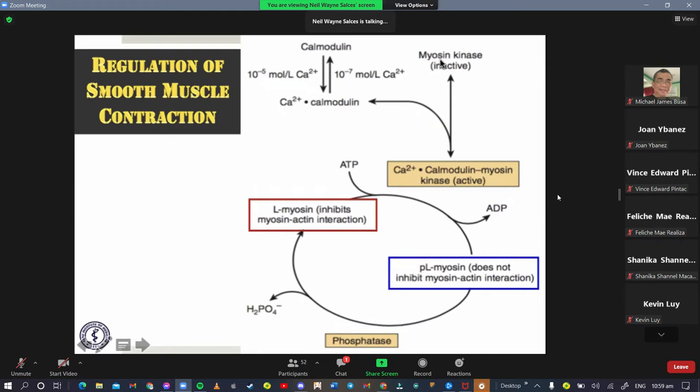The calcium activation of the myosin light chain kinase requires the binding of calmodulin, and the calcium activated light chain kinase phosphorylates the light chains, which then cease to inhibit the myosin F-actin interaction. So when this myosin is activated, the contraction cycle in the smooth muscle begins.